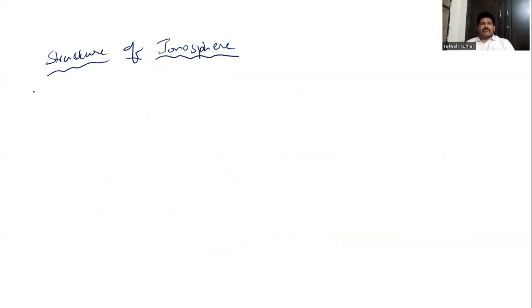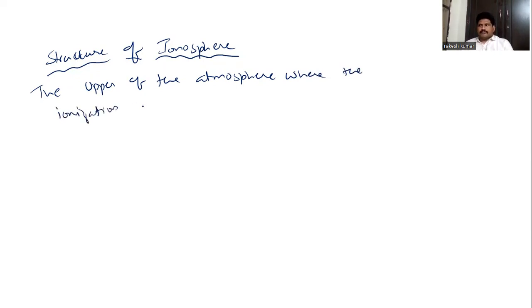The upper part of the atmosphere, where the ionization is appreciable, is known as the ionosphere.